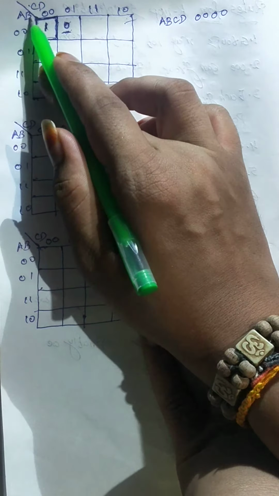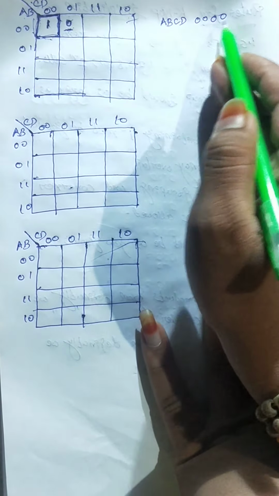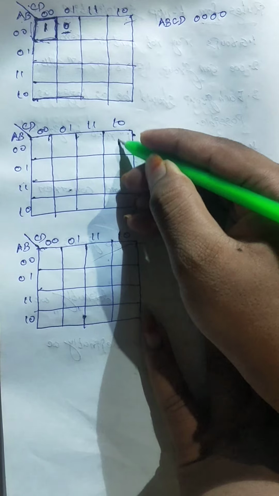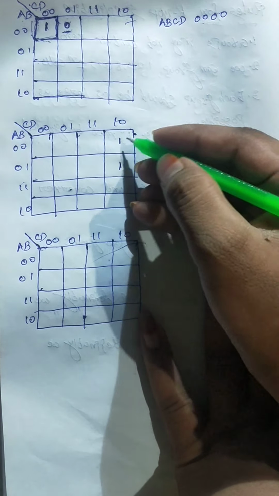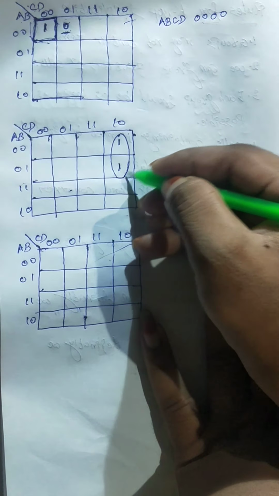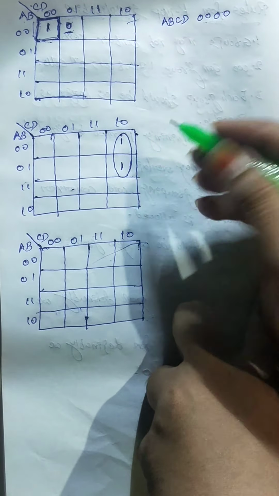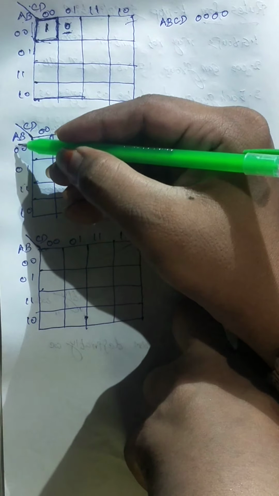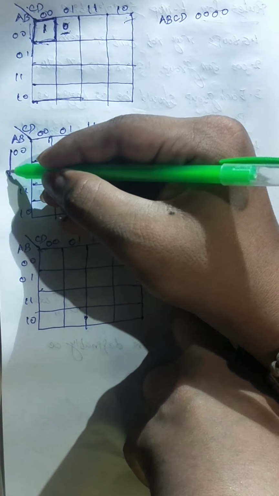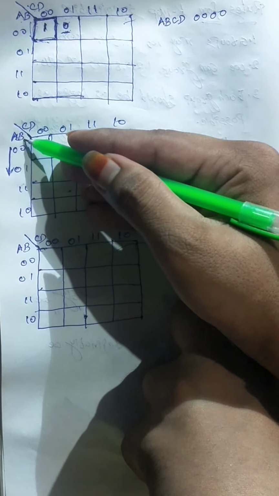The value will be AB variable is 0 0, CD variable is 0 0, and the next values will be taken as a double combination of cells. A contains 0 0, B contains 0 1.